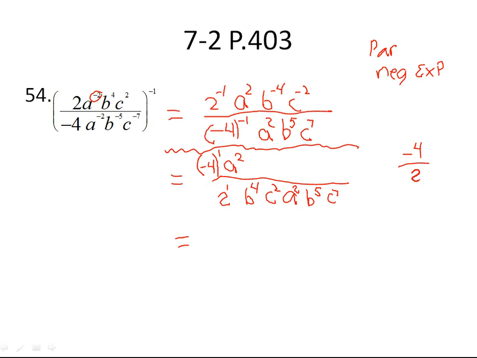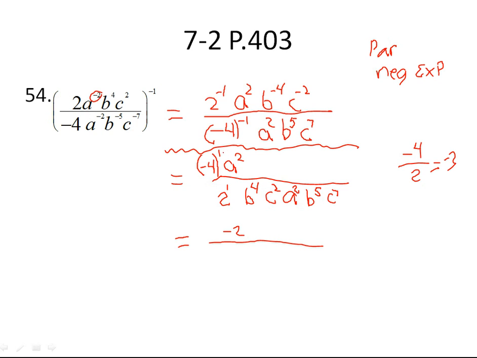We take the coefficients and bring them out to the side. Negative 4 over 2 equals a negative 2, so a negative 2 replaces that fraction.